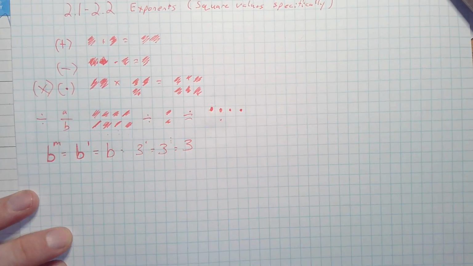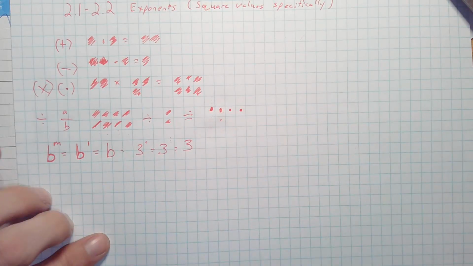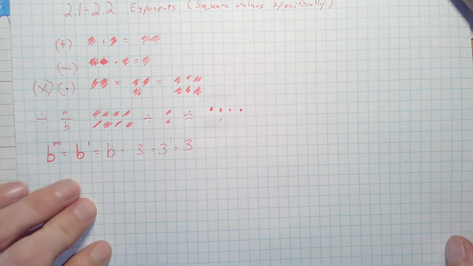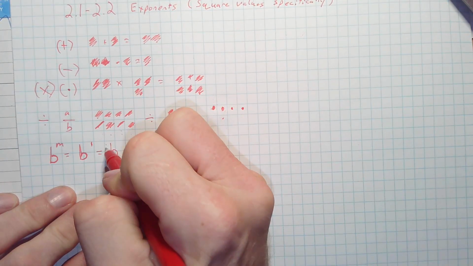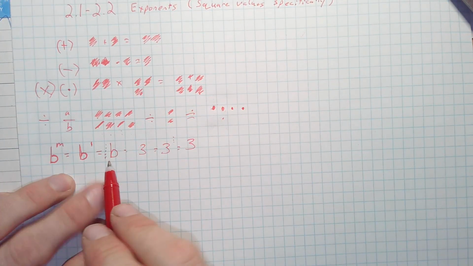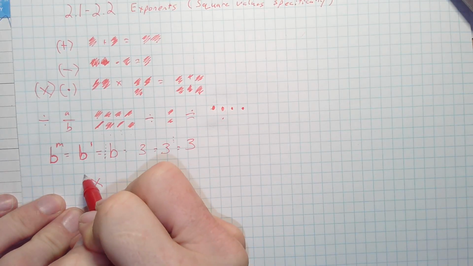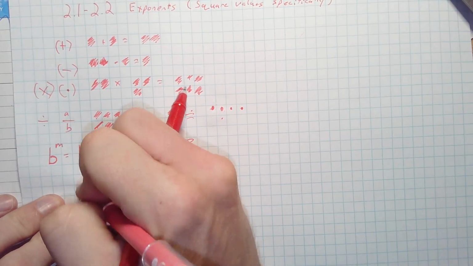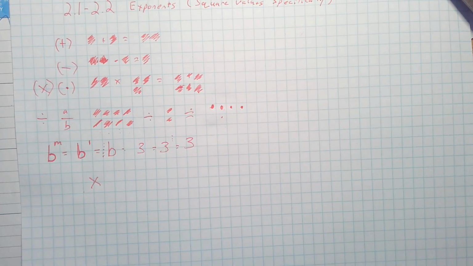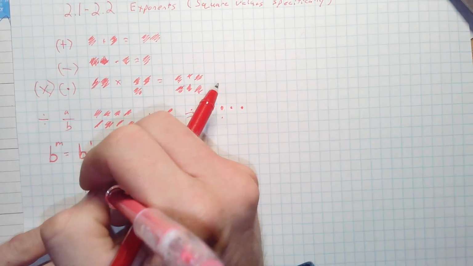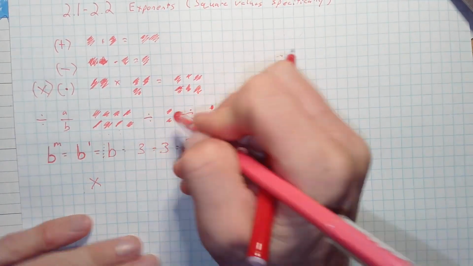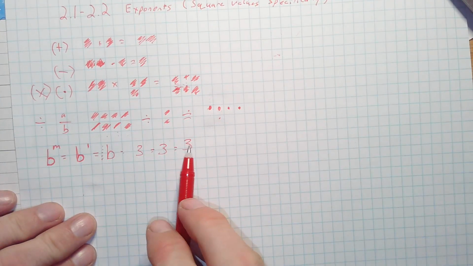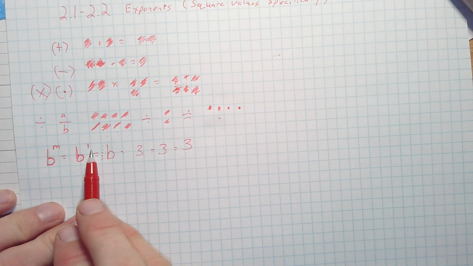Kind of like when you write a 1 in front of a B or an X, you know there's a 1 there, but it's invisible. Just know that there's a 1 exponent on top of anything.